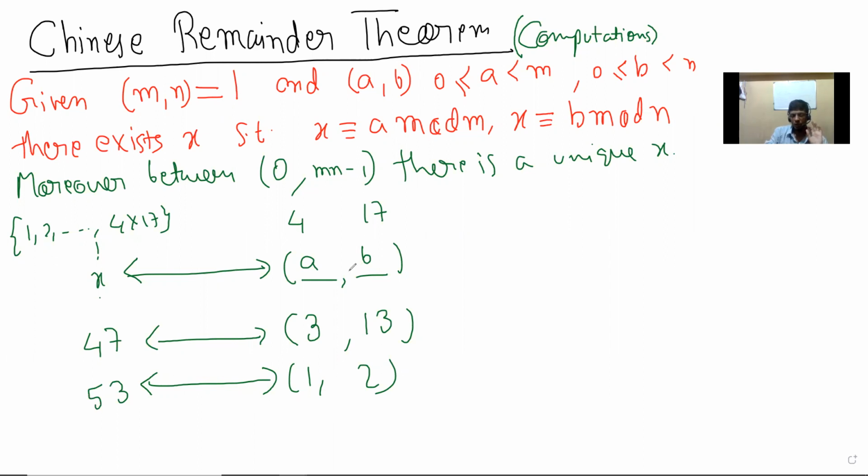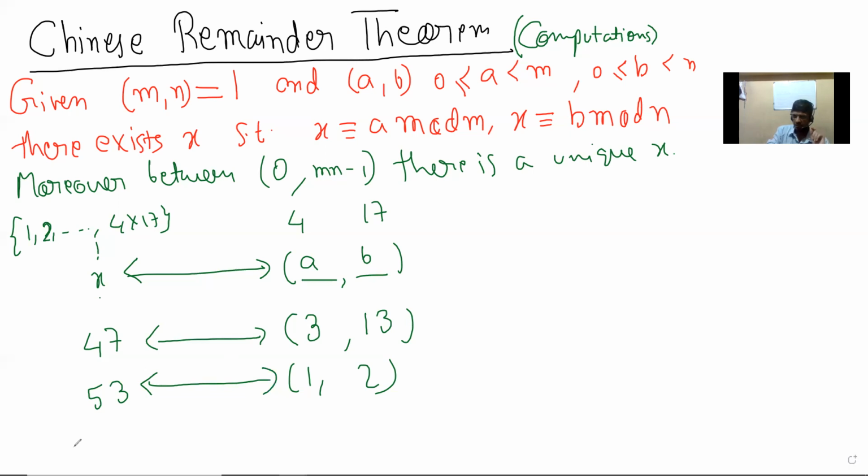We'll come to the computation, but let us just think. I'm taking the numbers from 1 to 4 times 17. Suppose I take, for example, the number 47, and 47 leads me to 3 comma 13.